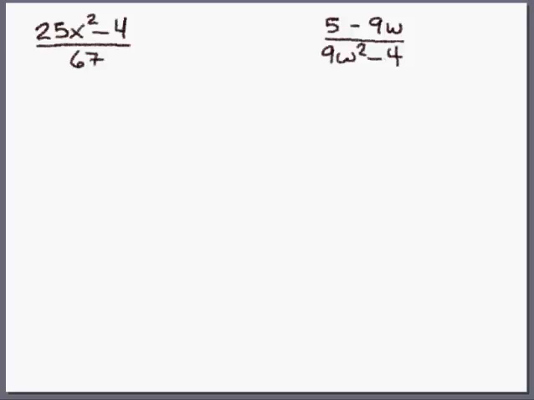On your screen are the two rational expressions. Let's work with the first one, 25x squared minus 4 over 67. This binomial can be factored using the difference of squares formula because both terms are perfect squares. The difference of squares formula is a squared minus b squared, which is factored into a minus b multiplied by a plus b.